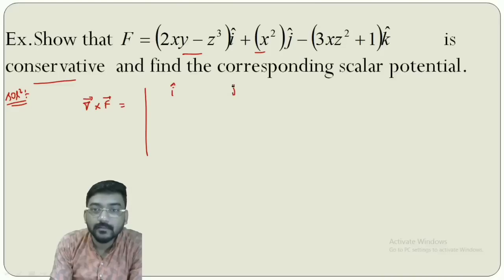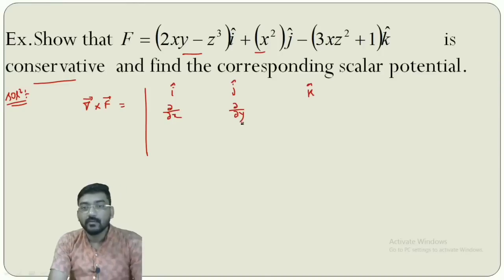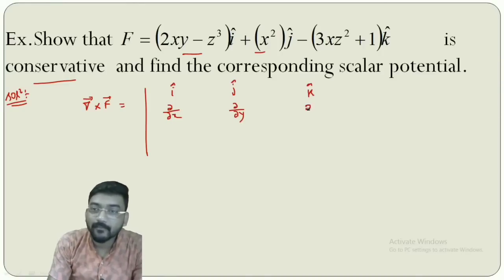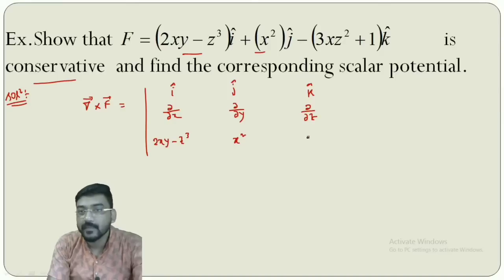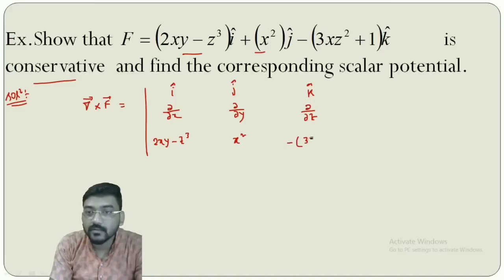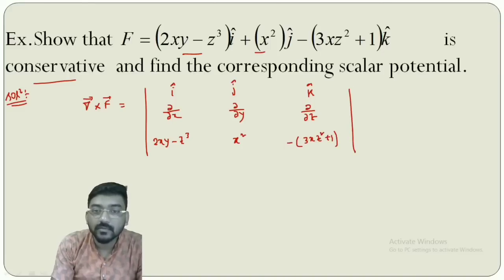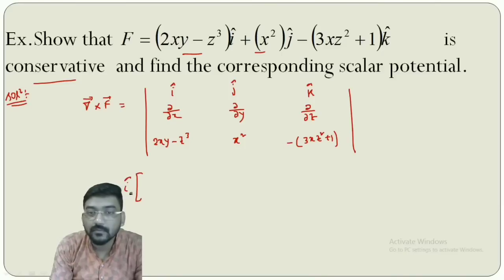So this is i cap, j cap, k cap, del x, del y, and del z, and the x component is 2xy minus z cube, the y component is x square, and the z component is minus 3x z square plus 1. So it will be i cap times del y of this, which is 0, and del z of this, which is also 0.